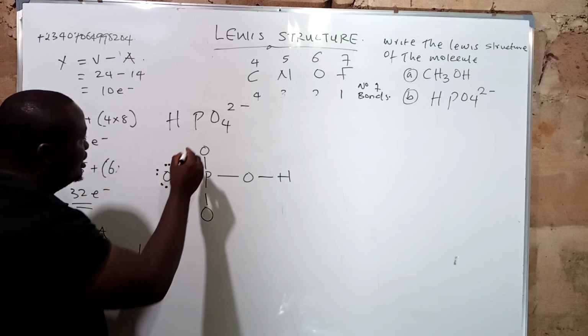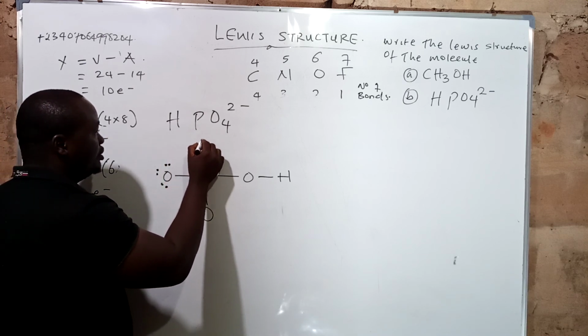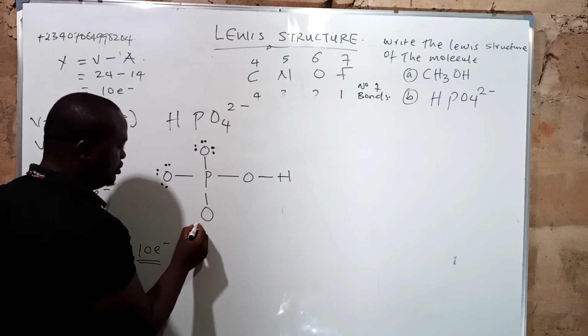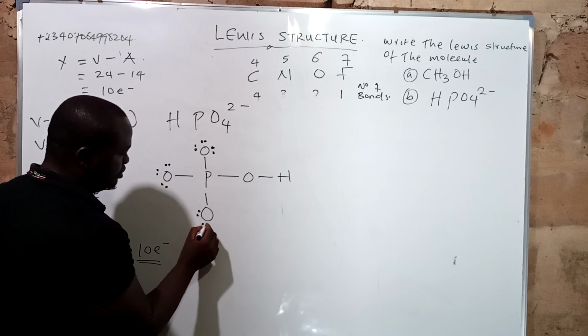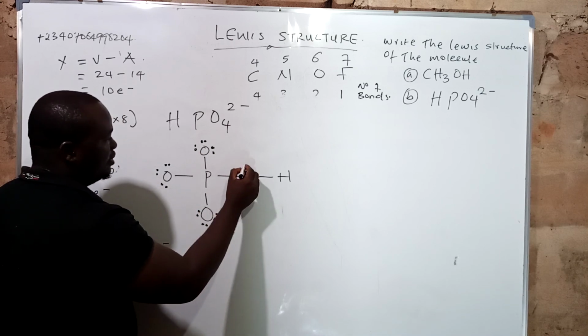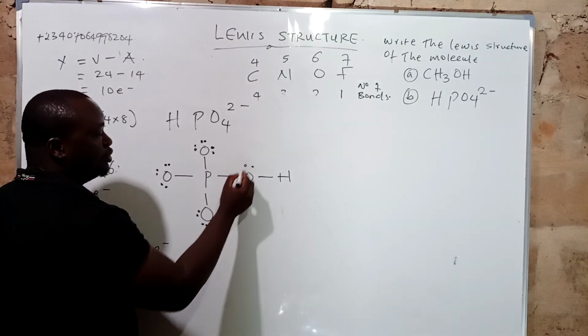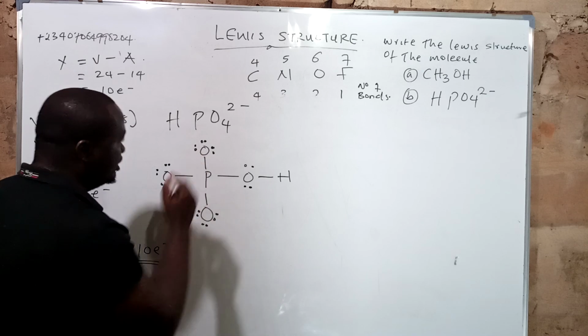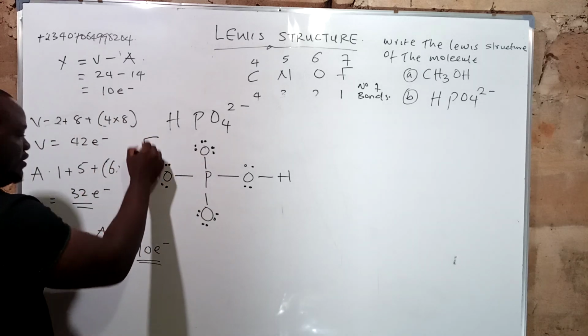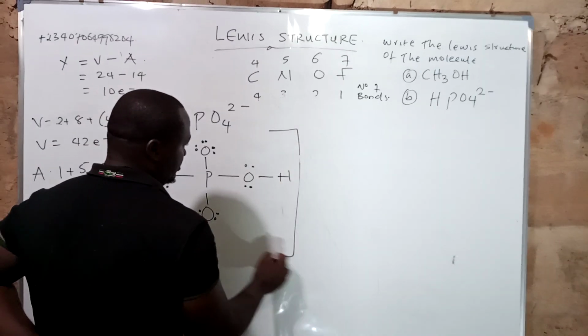It's not involved. So this is the dot. Because we here have 2, which is 4, we need 4 more. So this is dot. And then this is balanced. So of course, this should be like this.